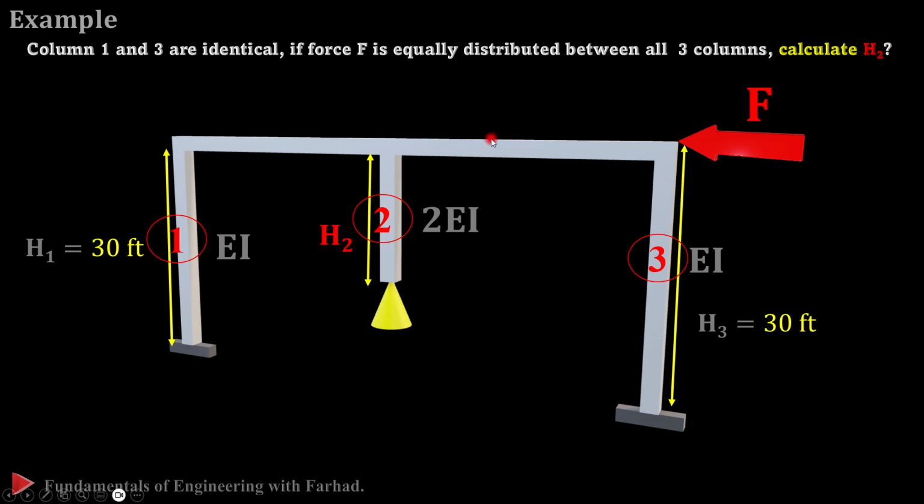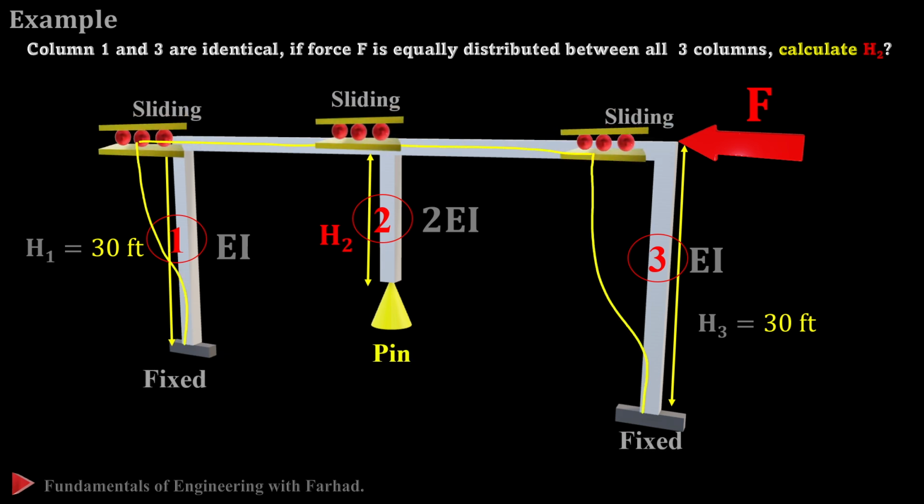So if we know the force inside each of these columns based off the problem statement is 1/3 of the force, then based off their stiffness to the total stiffness, we can calculate H2, because the height is already embedded in the stiffness formula. This time we want to solve it with an easier approach in terms of math calculation, but it again lies in the parallel condition of these columns.